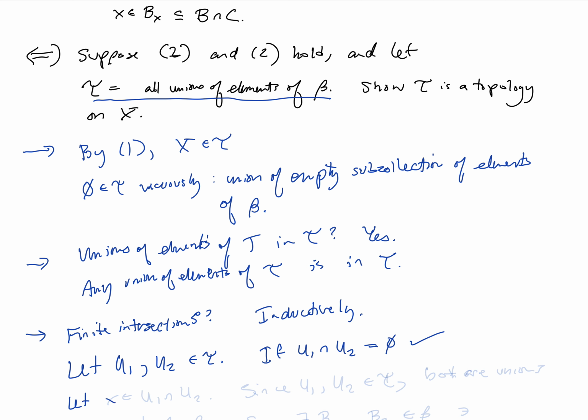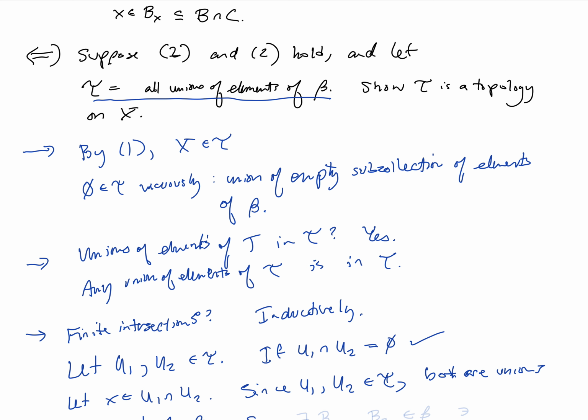Otherwise, let X be an element of U1 intersected with U2. Since U1 and U2 are elements of tau, both are unions of elements of beta.